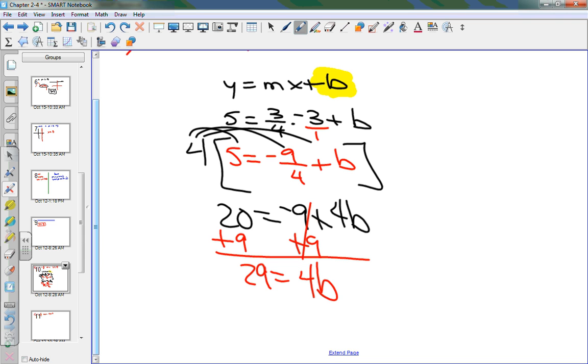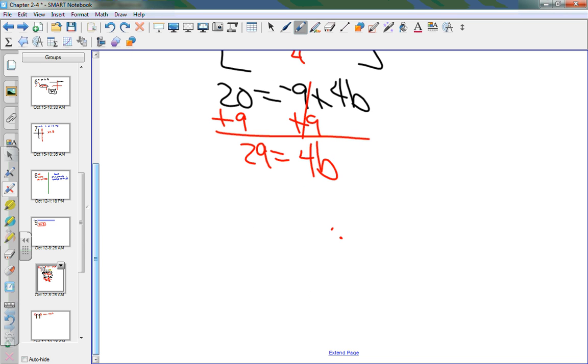Now what? Divide by 4. And I get 29 over 4 is equal to b. Am I done? I don't want to box that in because that bothers Alan when I box it in. So now, what's my answer?